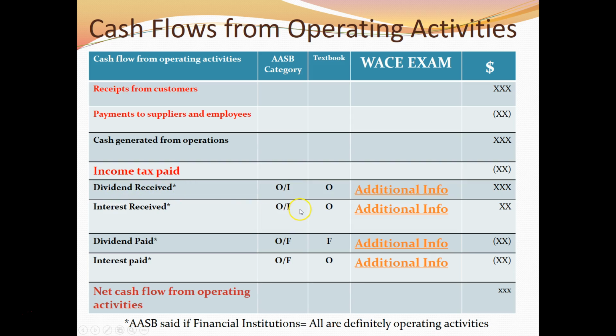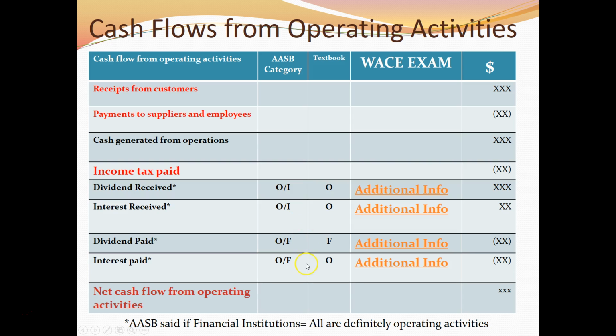When you put your money in a bank, you get interest. When it comes to dividend paid, it can be either operating or financing, because when we get money from the shareholders, that is part of the source of funds, so it can be financing. Also interest paid can be financing.